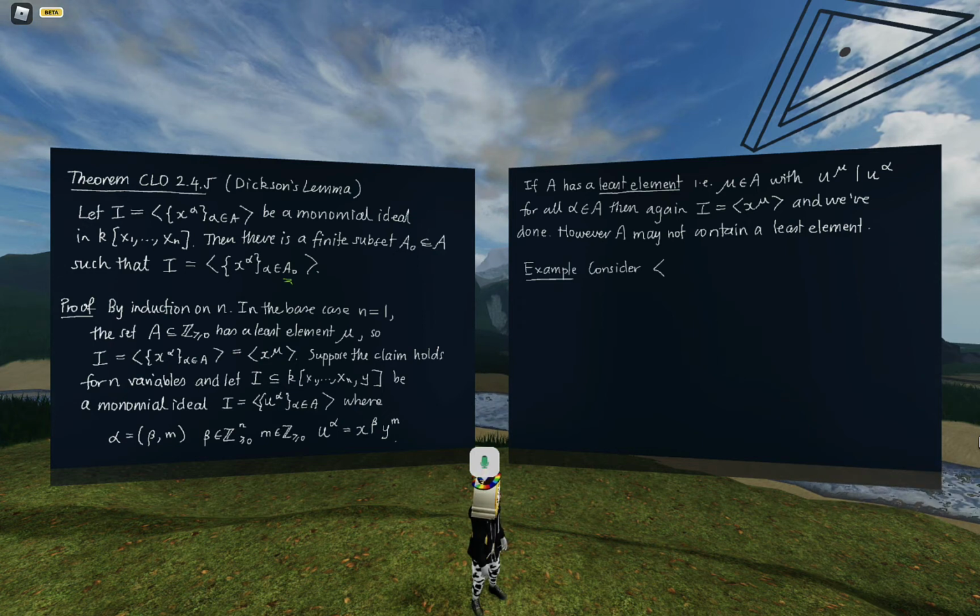So let's consider the following example. Consider the following monomial ideal inside k[x,y].